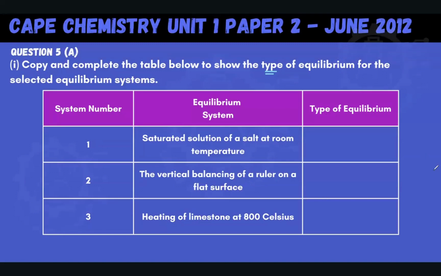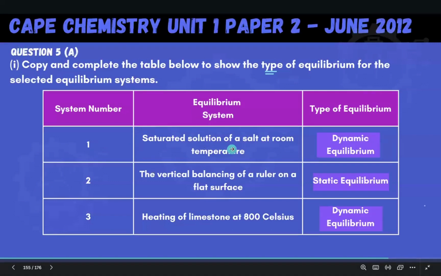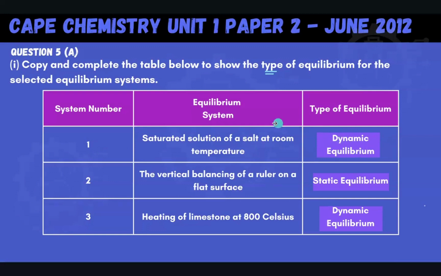Okay? And so our answers here would be that system 1 is a system where we have dynamic equilibrium taking place. It's a chemical reaction, in fact, with a saturated solution where you have particles continuously going back and forth from being in their solid state to their ionized state.